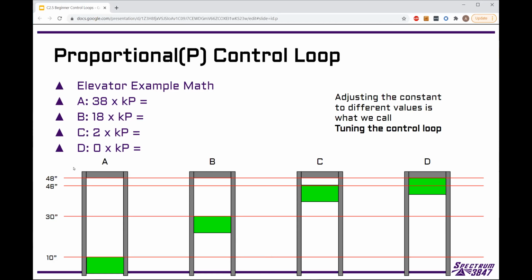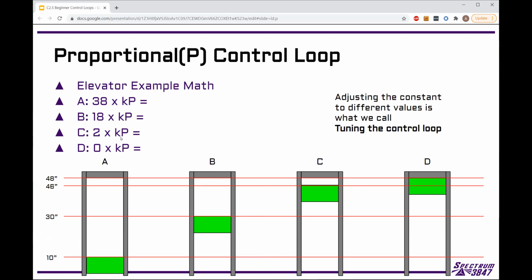Remember, error is command minus measurement. So 48 minus 10 gets us 38. We kind of did all that already. And we know Kp is going to be constant, so these are going to be the same value for all of these stages. We're not going to be changing up Kp just because the elevator gets closer to its set point.